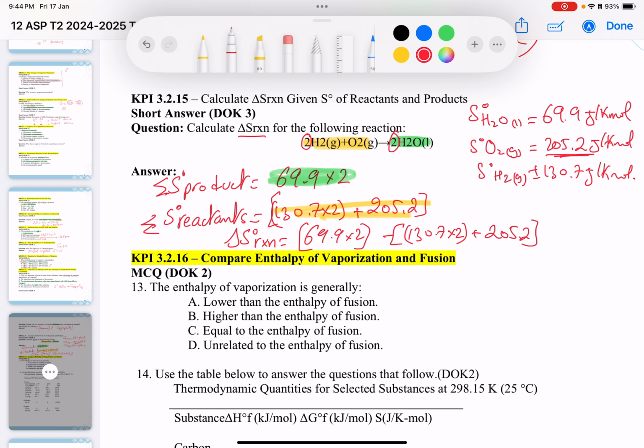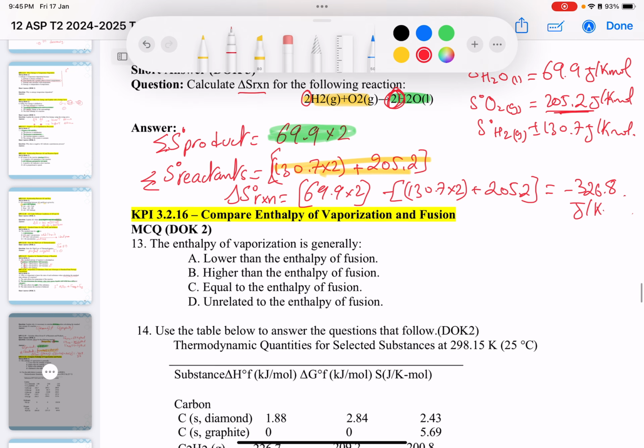So the final answer is negative 326.8 joule per Kelvin mole. Oh no, one second. Here the mole will go, because it's not per 1 mole anymore. Here we don't have 1 mole, so you're just removing the per mole, so it's only joule per Kelvin.